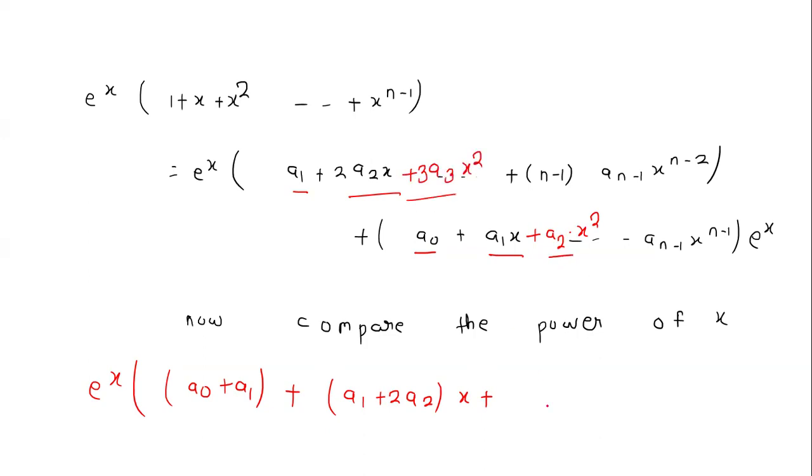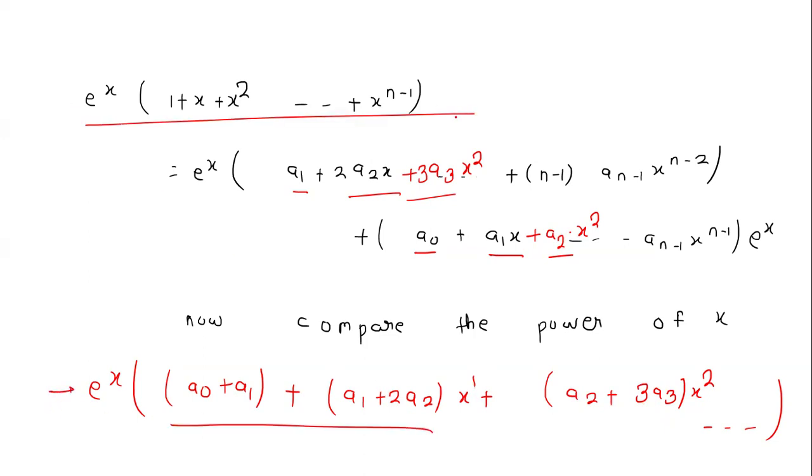So this is a2 plus 3 times a3. In this way you will get different coefficients of x power 1, x power 2. Now we know the right hand side which is equal to this, and the left hand side which is equal to this. So what we can do, we can compare different things.